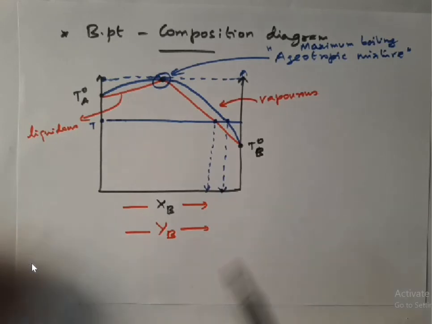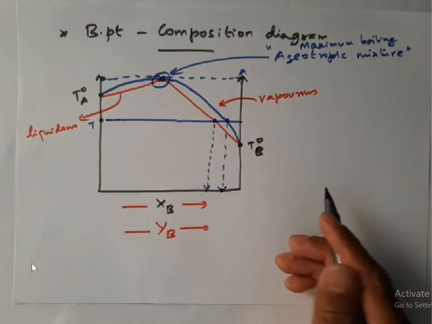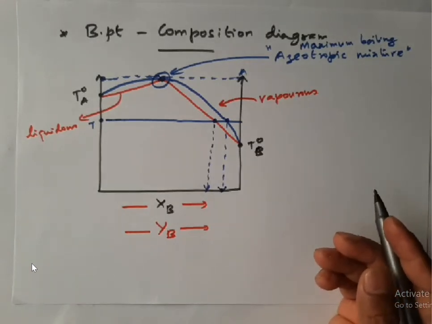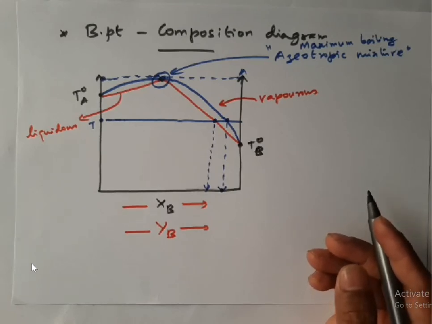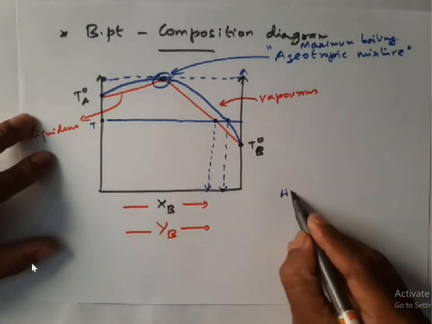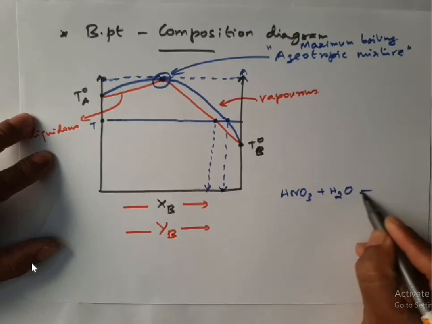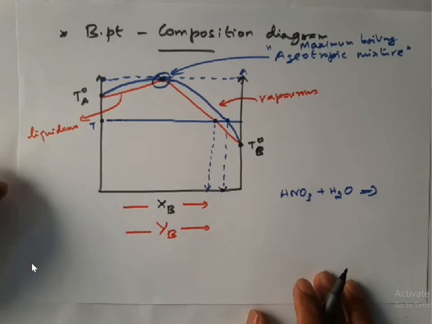And a nice example is, actually we have a lot of examples, but the example given in your book is HCl and water. No, I'm sorry, nitric acid and water. Yeah, nitric acid and water mixture is given. In this mixture, at what percentage will you get the azeotropic mixture?